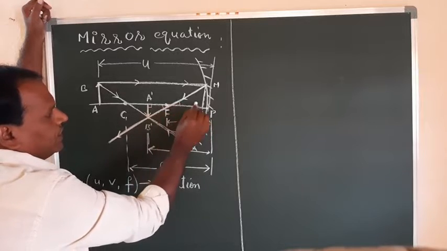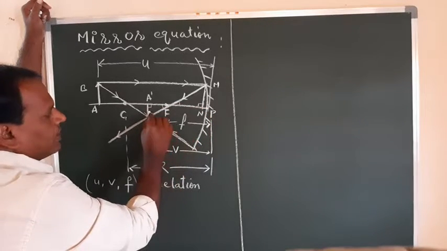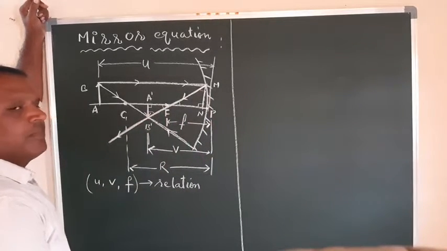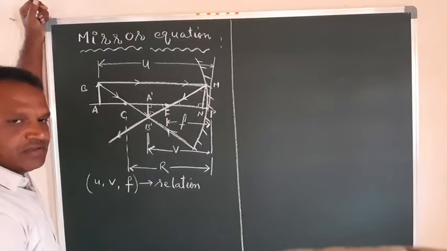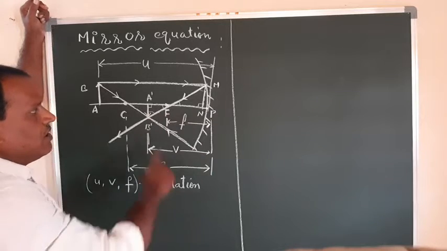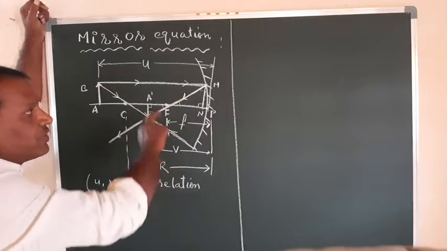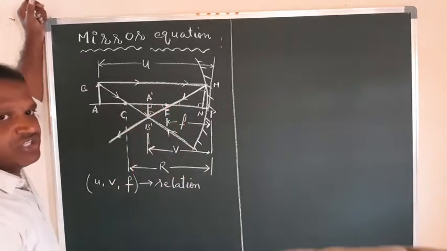Here you have 90, here you have 90, and obviously the third angle is also equal. So by the property of triangles, all the angles are equal and their sides are proportional, because these two triangles become similar to each other.